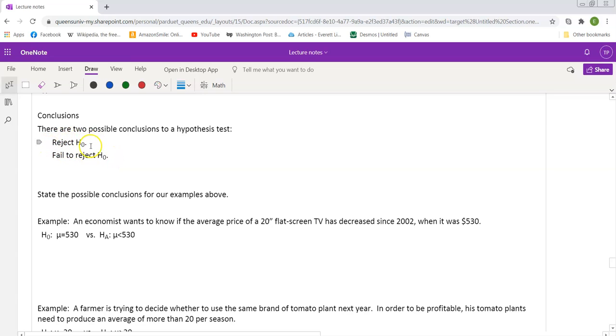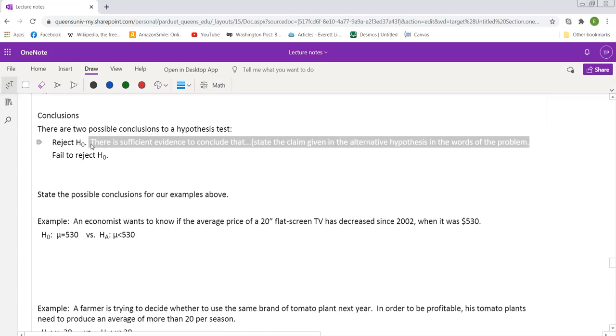Every time you reject H0, there's a sentence that you need to state with that. And then there's another one if you fail to reject H0. And I'm going to tell you, I've got this written in very general terms here, so you're not going to use this verbatim.